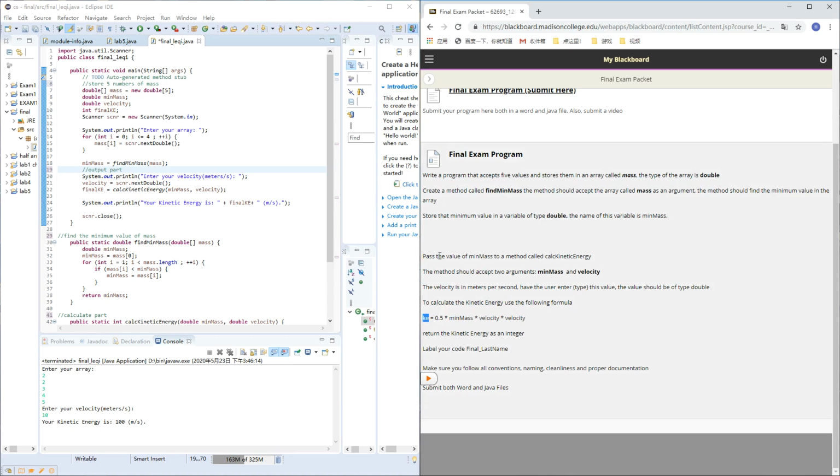But there's a little difficult thing here. It's not just mass, we have to find the minimum mass. For example, we ask them to input five different values for the mass, then we find the minimum value of it, and then we use this one to do the calculation.